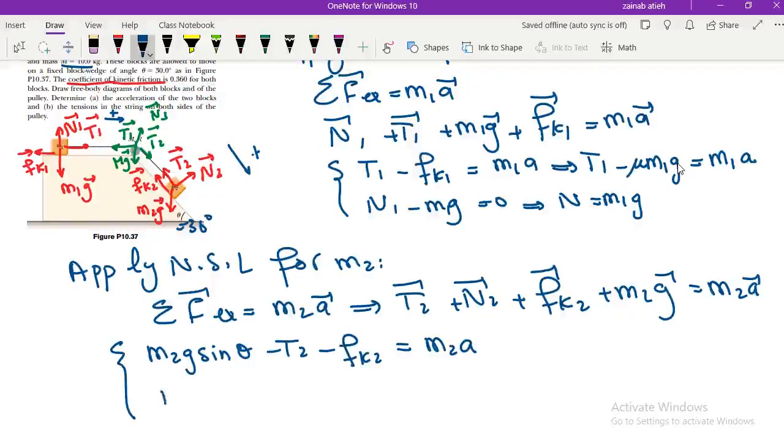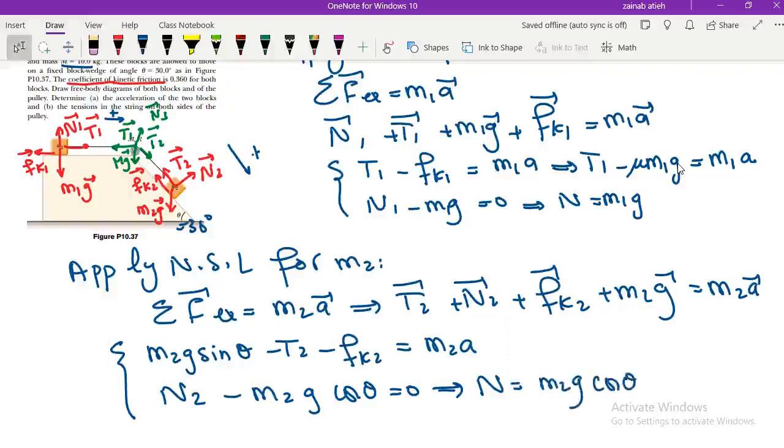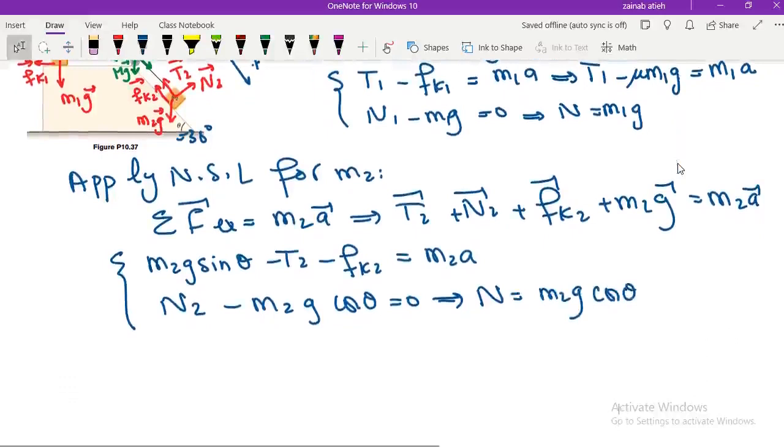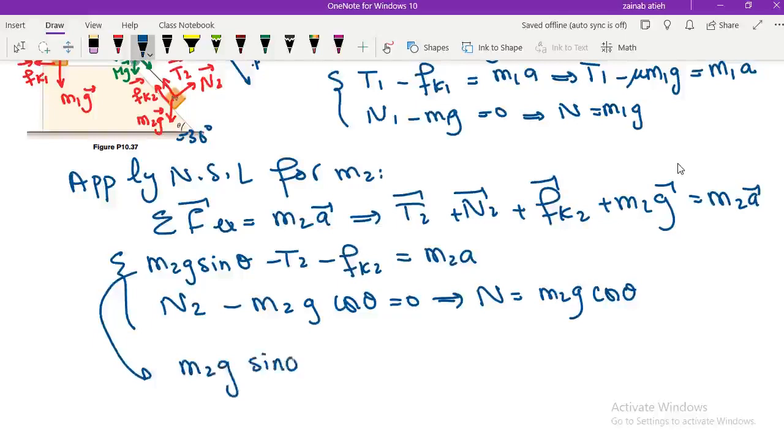The perpendicular: N2 minus M2G cosine theta equals 0. From this I get N equals M2G cosine theta, and I go back and put it in place of FK equals mu N. So this will give me M2G sin theta minus T2 minus mu N2 equals M2A.